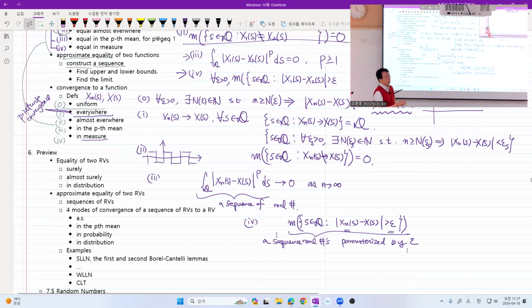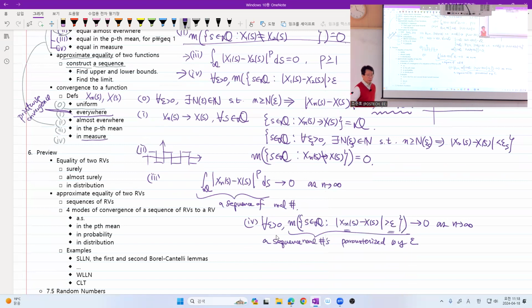And what do you want? For every epsilon positive, you want this sequence to go to 0 as n tends to infinity. Okay? So this is your definition. By the way, I need something like this, right?